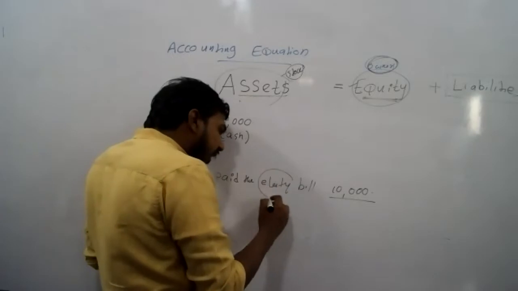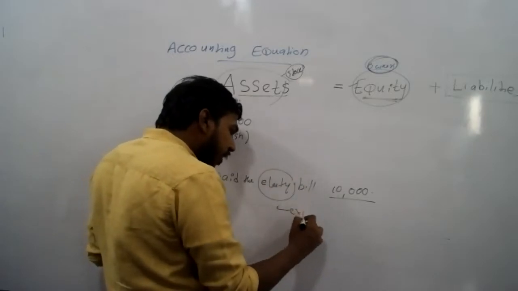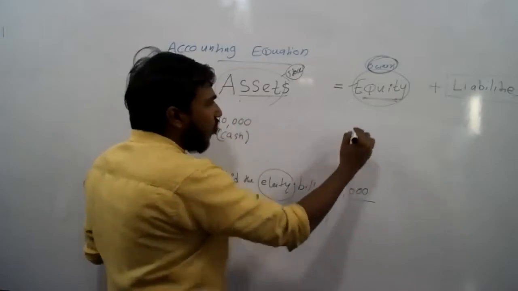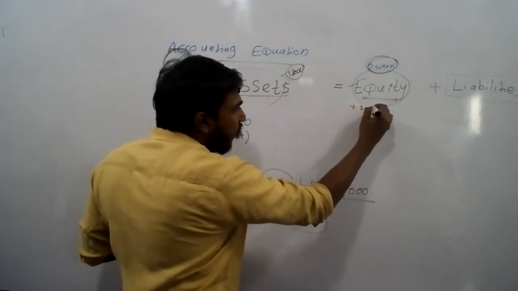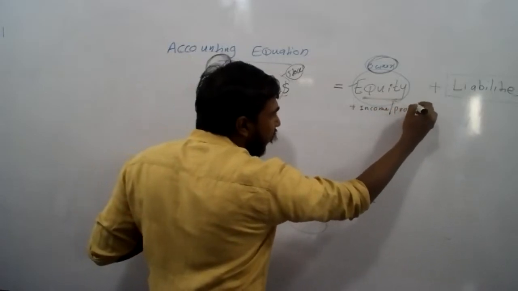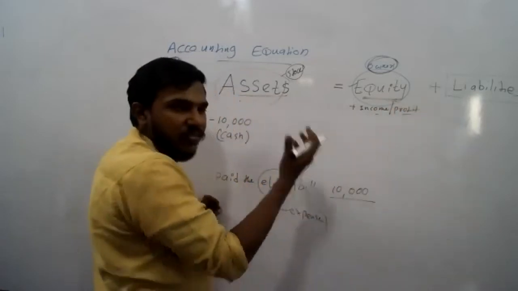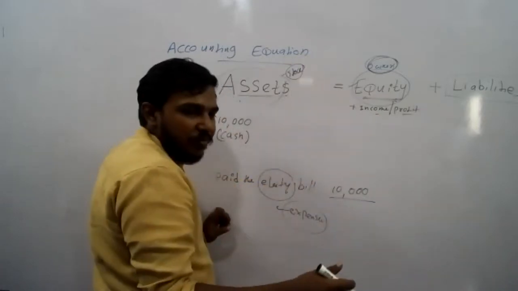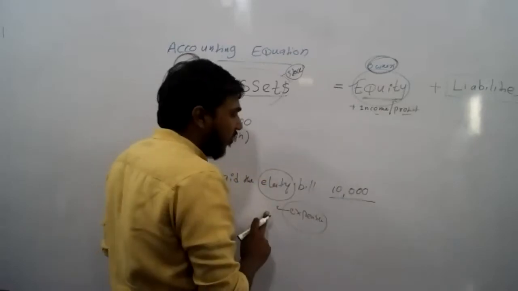See, electricity, it's a what? Expense. So guys, please make sure for the equity, we add income and the profit. If there is any profit or income, we add it for the equity. But now it's the opposite. Opposite of income is the expenses.